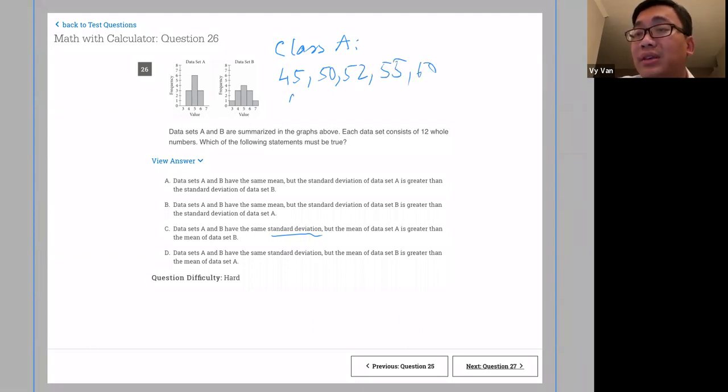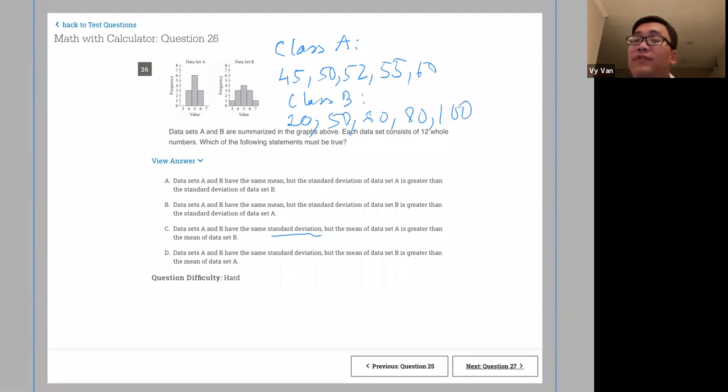And class B, 20 on the test, 50, 60, 80, and 100 on the test. If you notice, in class A the test scores are kind of close together. The students perform equivalently. Nobody did too bad, nobody did too good. Everyone is on an average level.